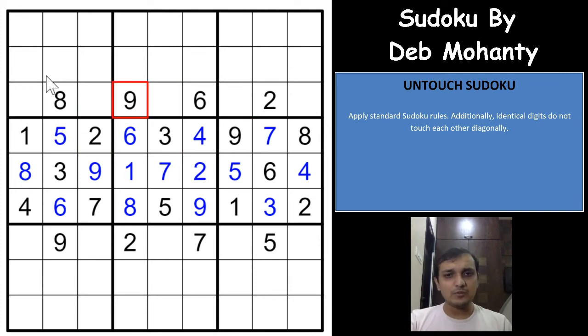So I am going with the 3rd row rather than the columns here, because the column has 5 digits and the row has only 4 digits filled, but the numbers near it which are already filled will help us eliminate due to the untouched property. If you see here, there are no numbers near it, so it won't help us much. So let us see with the third row.